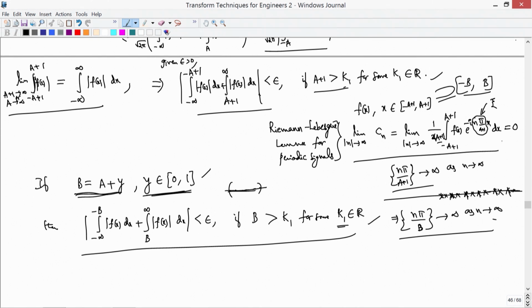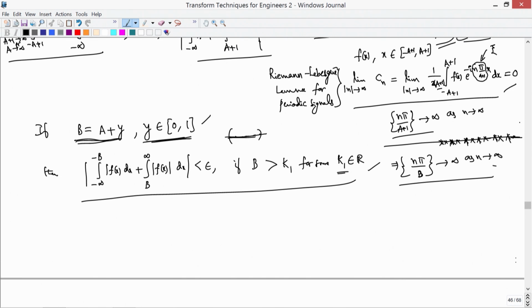So, what is the definition for this? The Riemann-Lebesgue lemma definition is 1 by 2 times a plus 1, integral from minus a plus 1 to a plus 1.